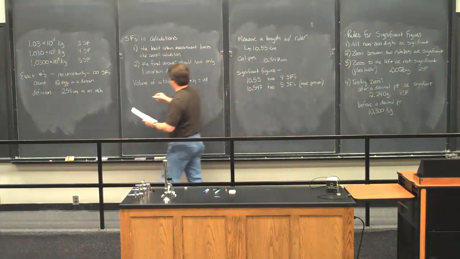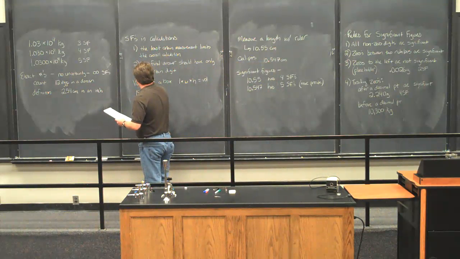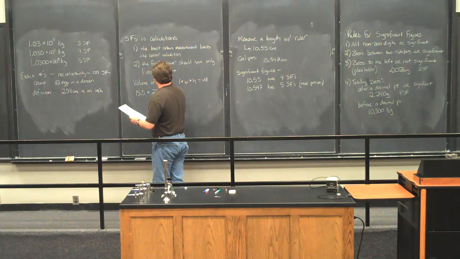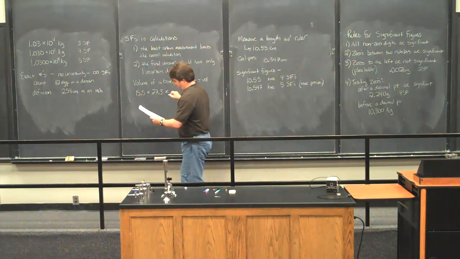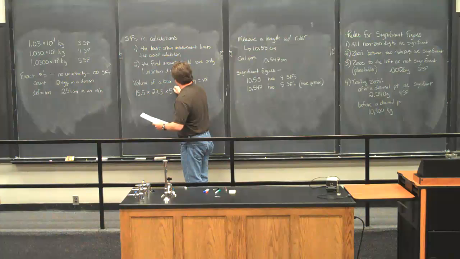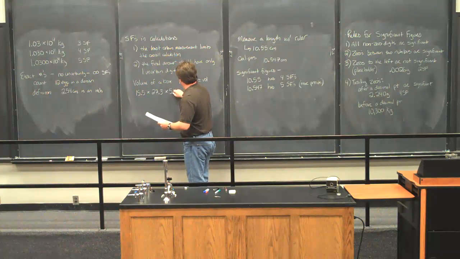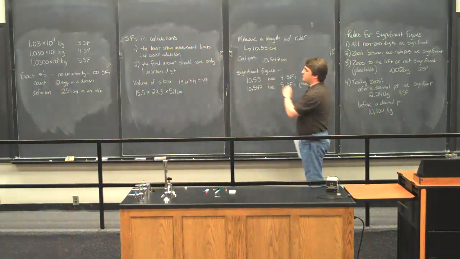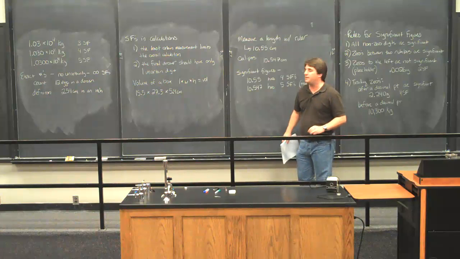So let's say it's 15.5 by 27.3 by 5.4 centimeters. Thought you'd get me there, but those are all centimeters. So I didn't write them, but each one of those is a centimeter.